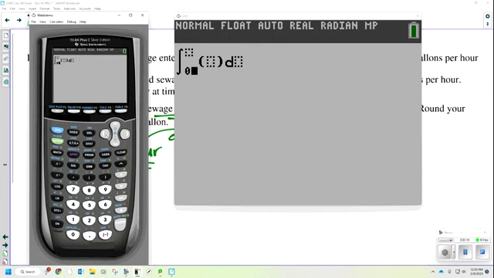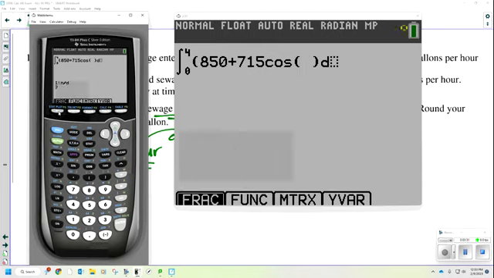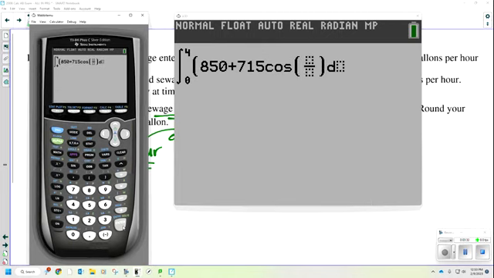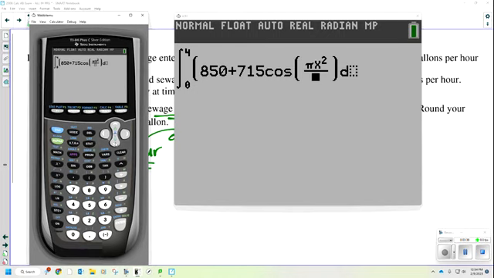And the equation is the one given to me, 850 plus 715 cosine of pi times x squared all over 9. Let's make absolutely sure we have the same number of closed parentheses as open. We do. And let us not forget our dummy variable.